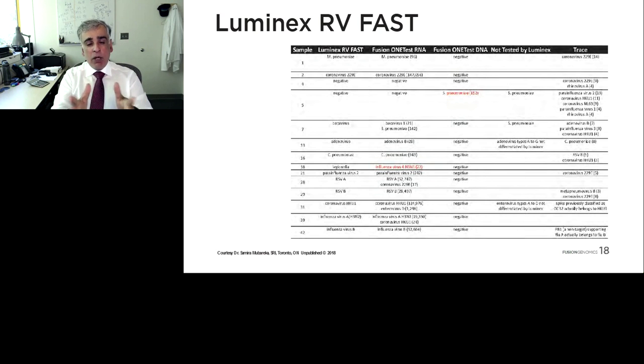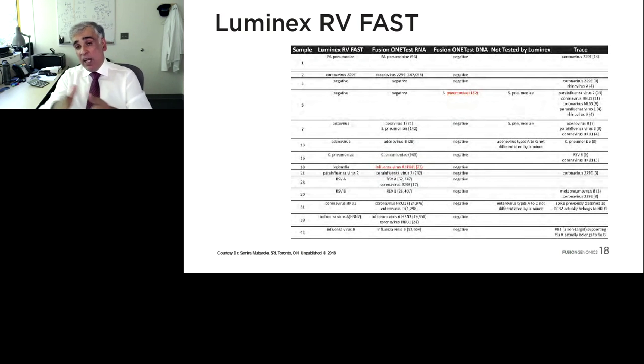What is interesting is that sample number 18, which was originally identified on the Luminex as a Legionella, okay, you can read it, was identified by our end as a flu A, and we are looking into it. But other than that, we were able to diagnose everything that was originally diagnosed.